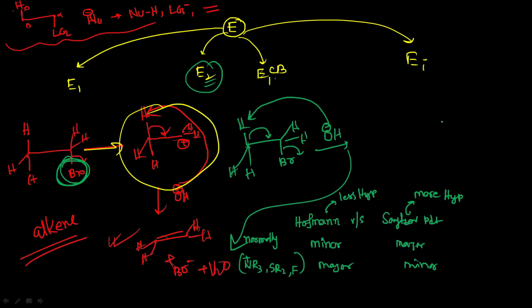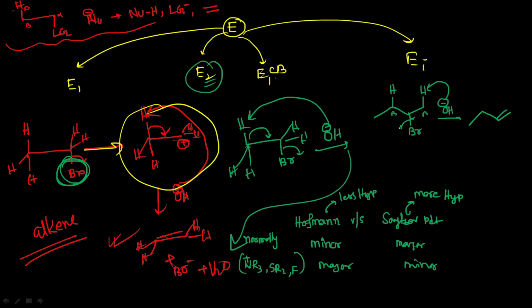Let's understand with one example. Suppose I have this bromine as leaving group and this. Okay, this is our substrate. Then this is alpha carbon, this is beta carbon, and this is also beta carbon from this side. So I have this beta hydrogen, this is also beta hydrogen, and this is also beta hydrogen. So if OH minus performs the reaction from this side, my product will be this.